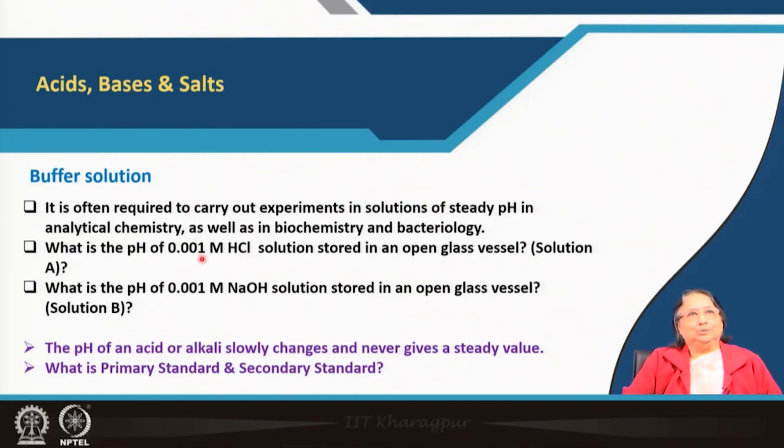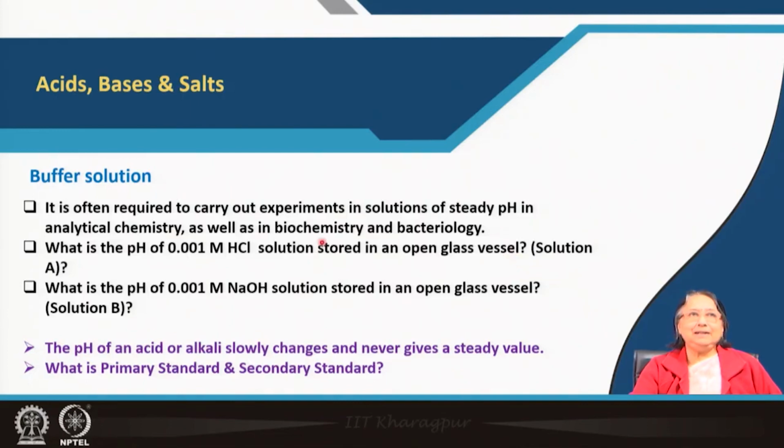I will tell you some question here. What is that question? Say for example, I have a solution of 0.001 molar HCl and it is stored in an open glass vessel.